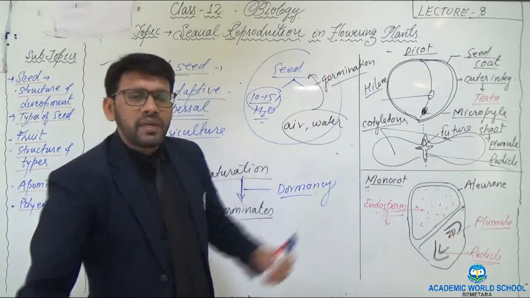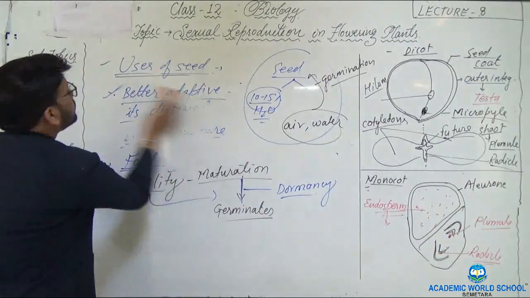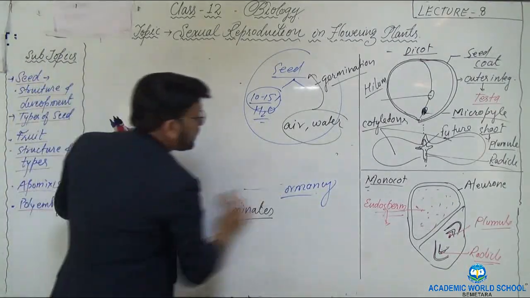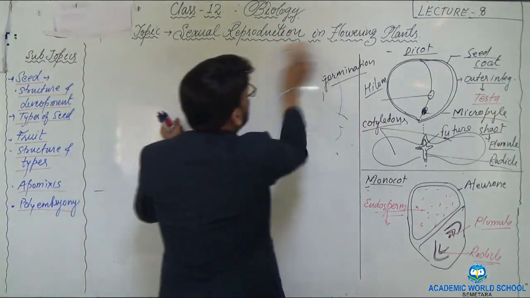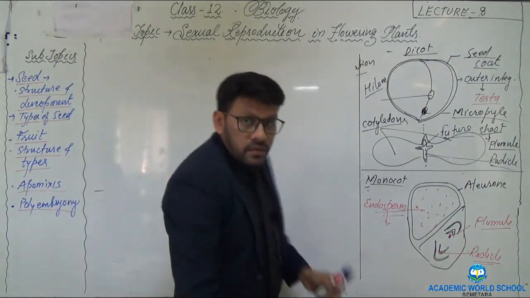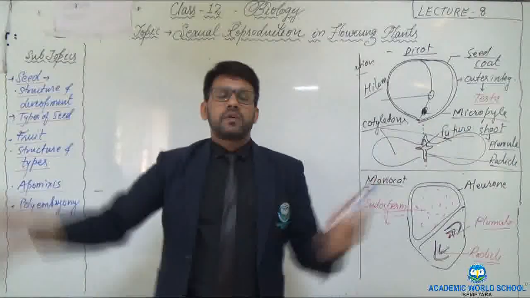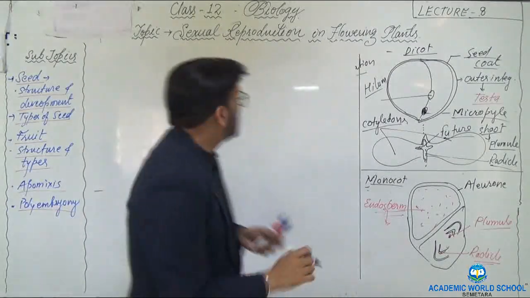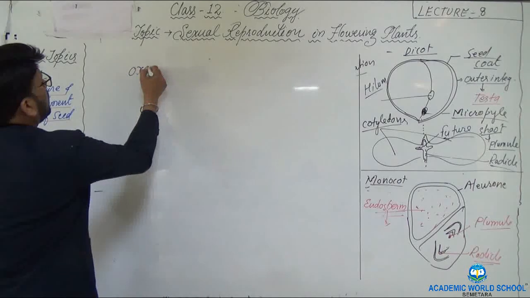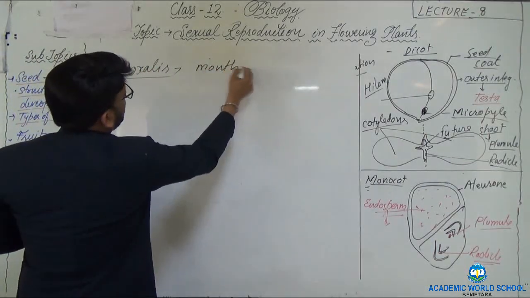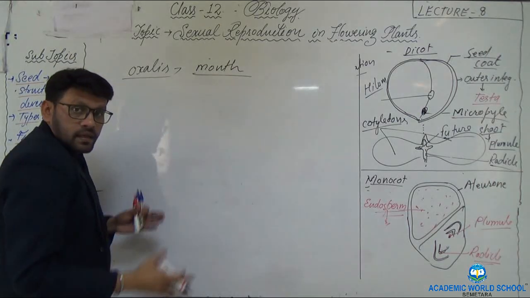Now this viability varies from plant to plant or species to species. Children, this viability may be from a month to thousands of years. For example, oxalis has its viability for a month.